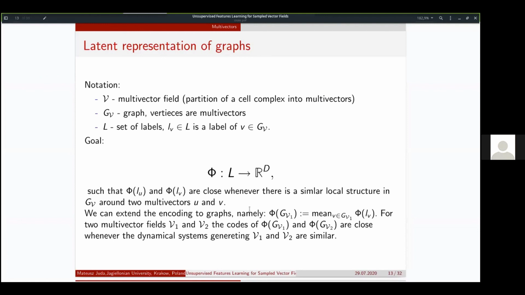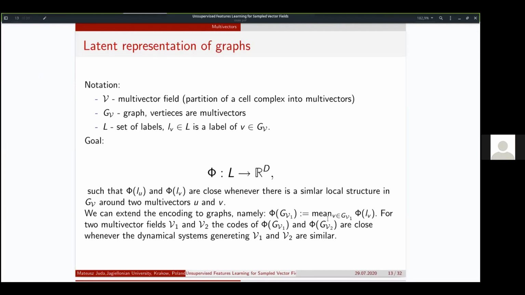We extend the mapping to the whole graph just by taking the mean of the embeddings of all the vertices of the graph. And I will show you in a moment that this simple approach, by simple I mean taking the mean, is pretty good in that context.